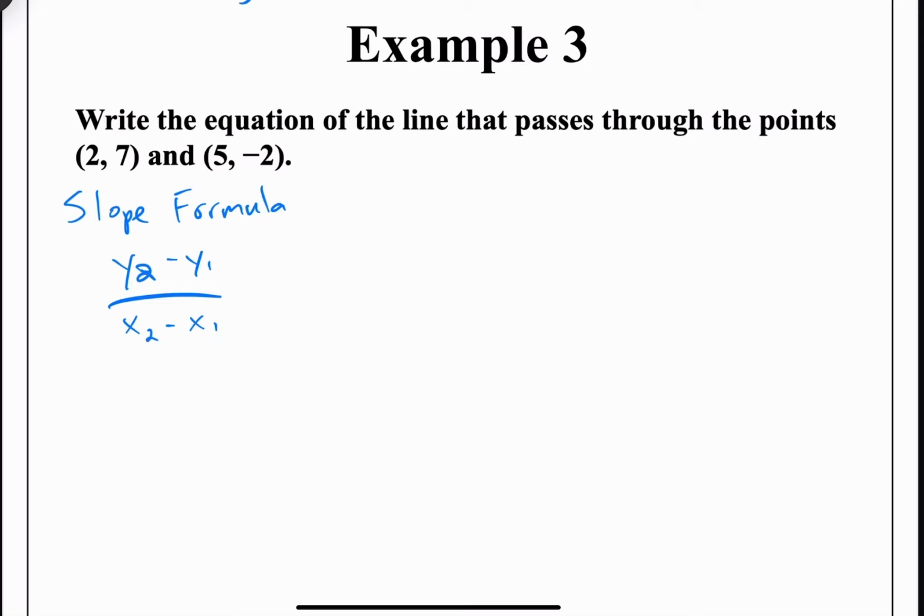So we're going to say that this is x1 and y1 and x2 and y2. So we're going to plug those values in. So y2 is -2 and y1 is 7 and x2 is 5 and x1 is 2. When I solve that out, -2 minus 7 is -9, and 5 minus 2 is 3. And if I solve that, I get -3 is my slope.